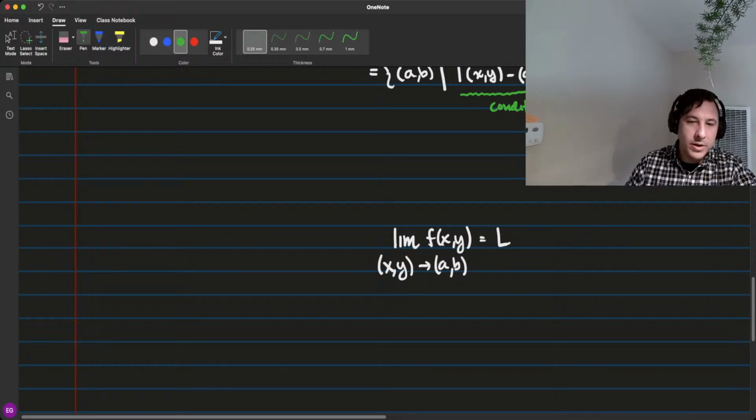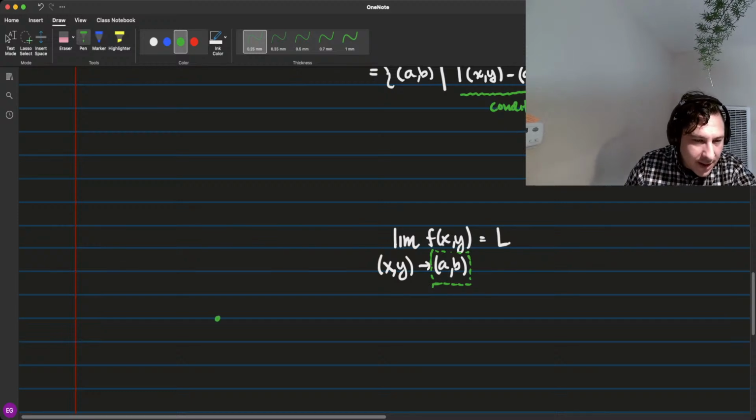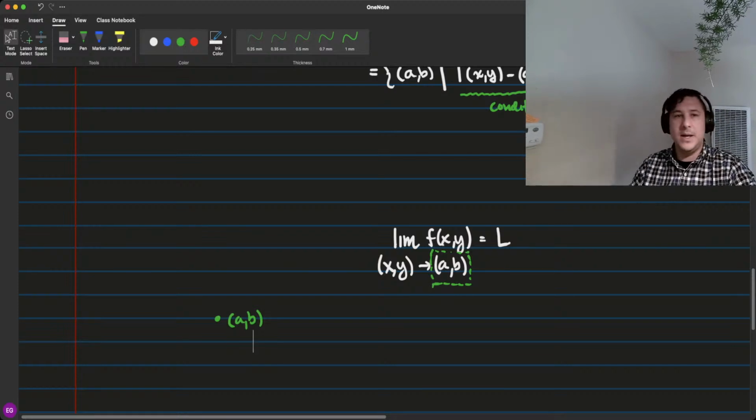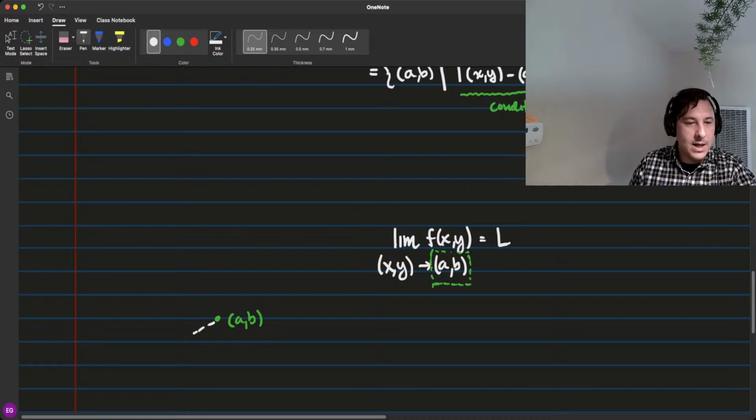We are approaching a point a comma b. So let's put that point here on the xy axis. So there's my point a comma b. Now remember, this point is on the xy plane, so let's draw the delta disk around it.